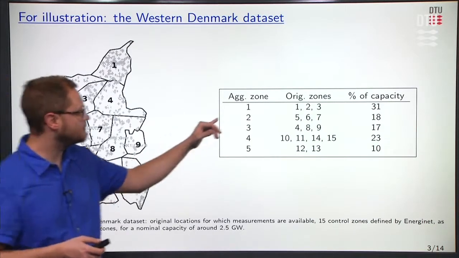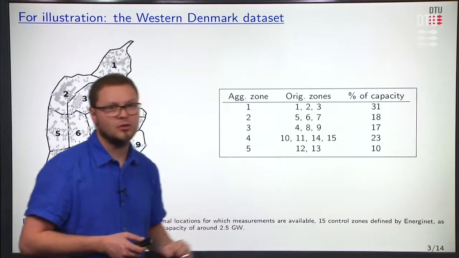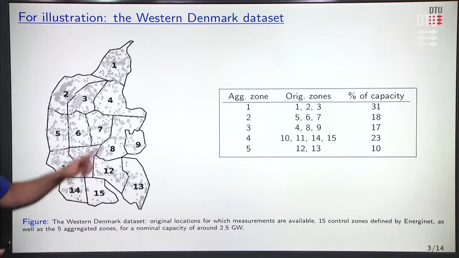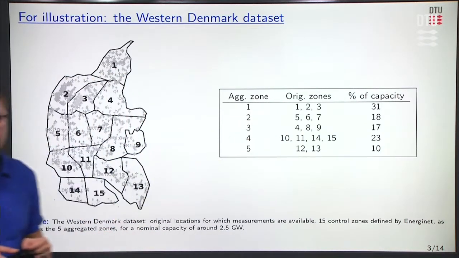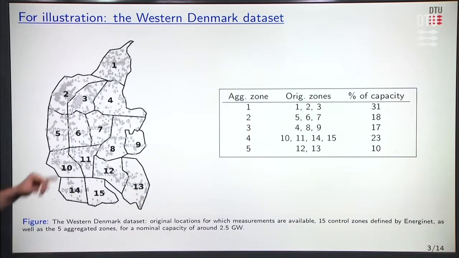The zone 1 that aggregates the control areas 1 to 3. So this would be the aggregated zone 1. The zone 2 that gathers control areas 5, 6, 7, here, etc., etc. We'll use this data and forecast for these areas as illustration for the various concepts we'll discuss in the following.